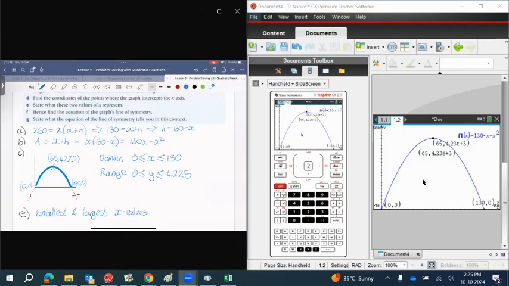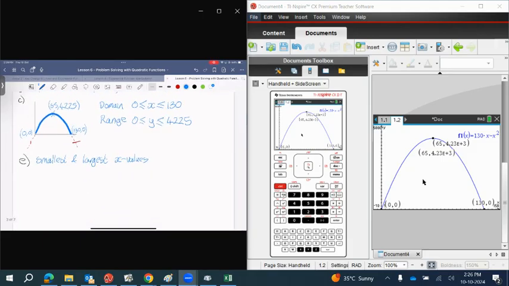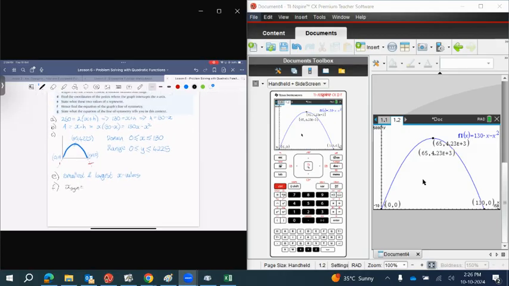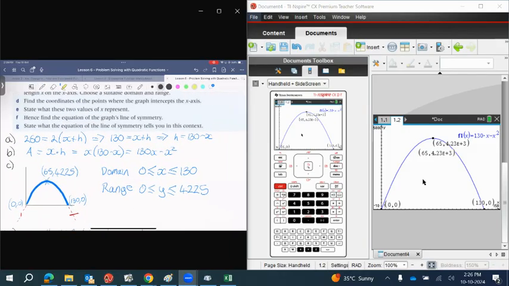F, hence find the equation of the graph's line of symmetry. So what's the formula for the symmetry line? We could use minus b over 2a, but notice here it says hence, which is often a keyword used in exam-style questions. It means we need to use the result from the previous question in this method.